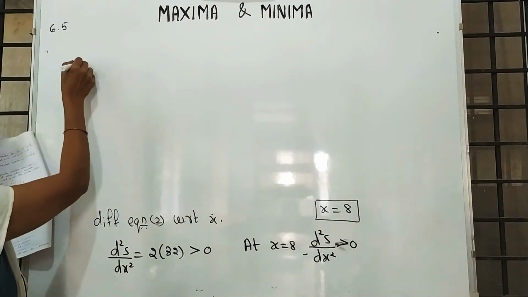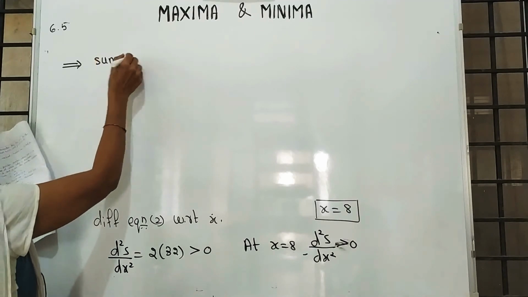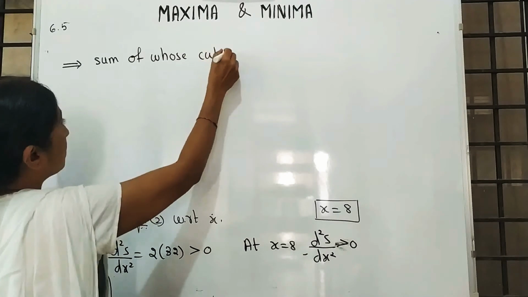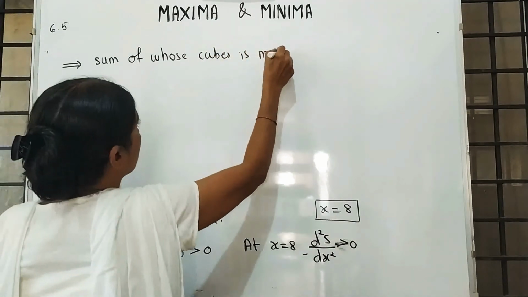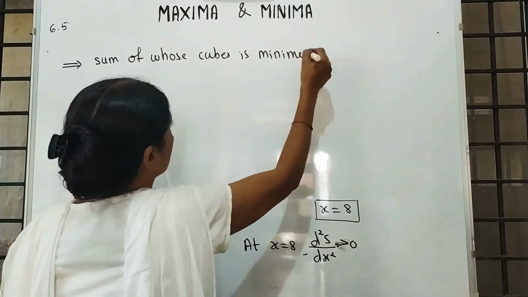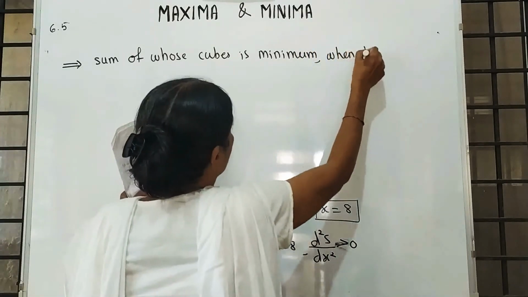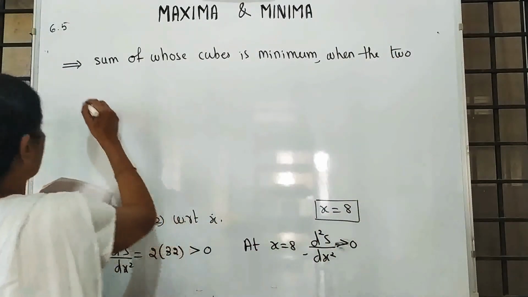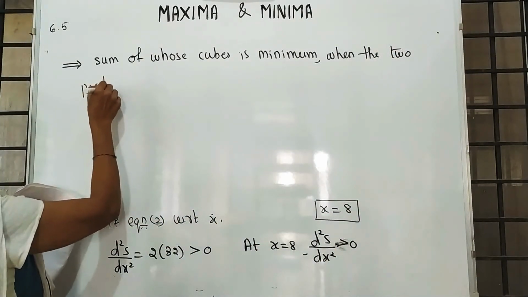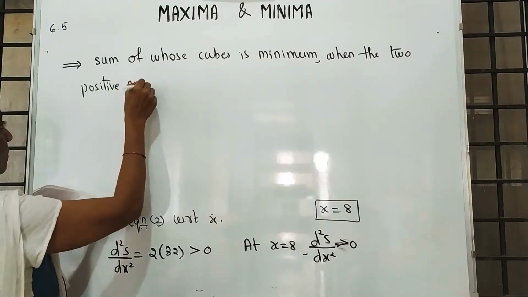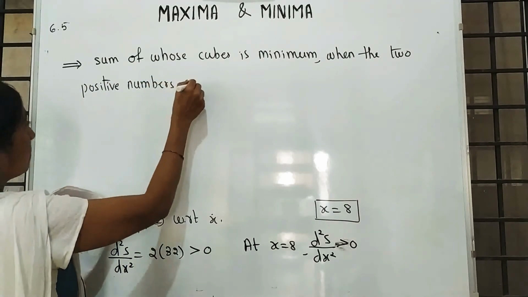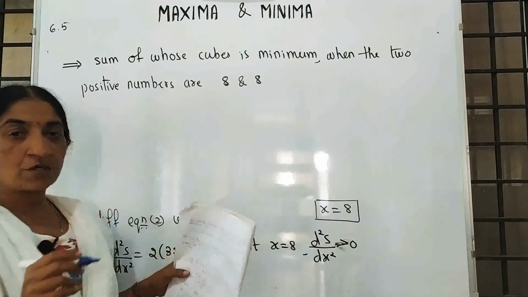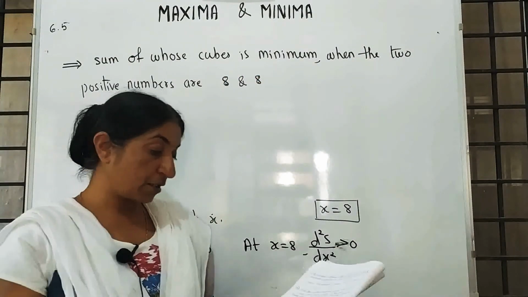This implies the sum of whose cubes is minimum when the two positive numbers are 8 and 8. Understood? Now I am giving you the next question, question number 17.